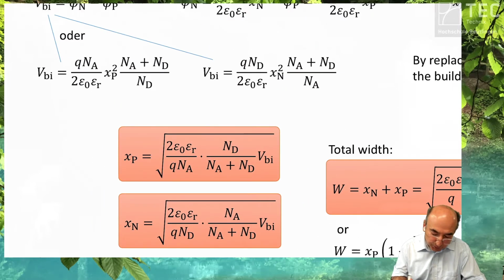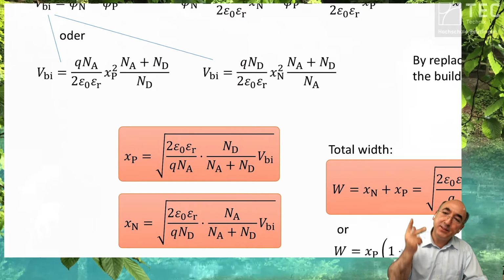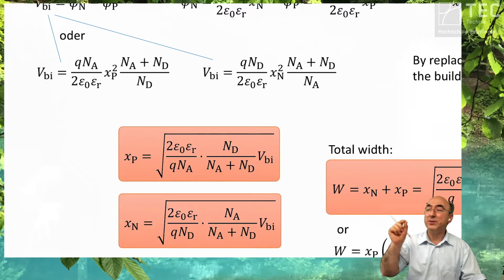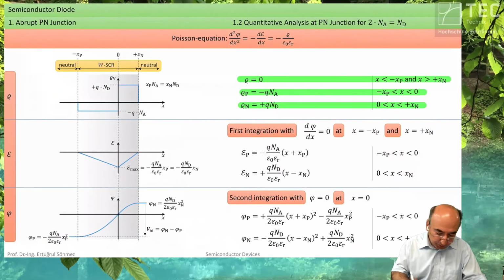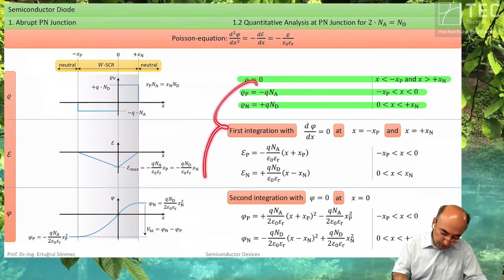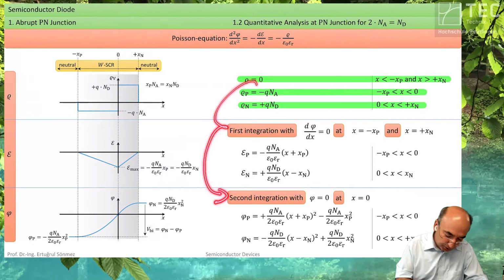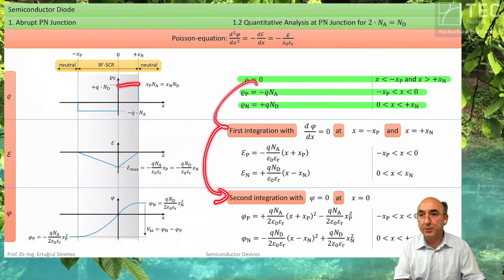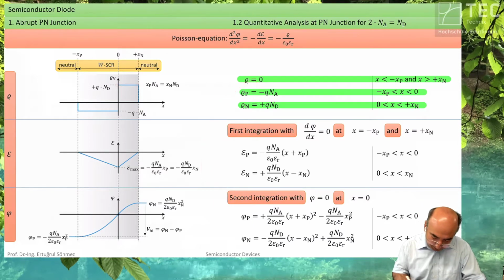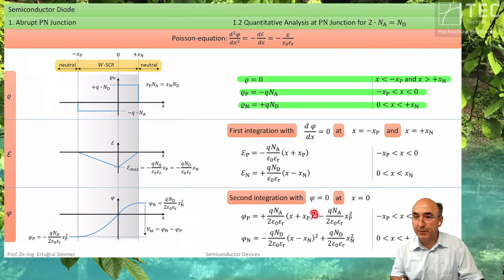And we see, due to the second integration of this constant space charge, we have the quadratic behavior.